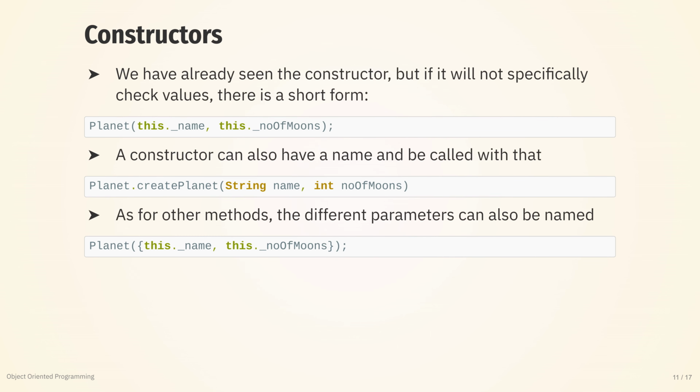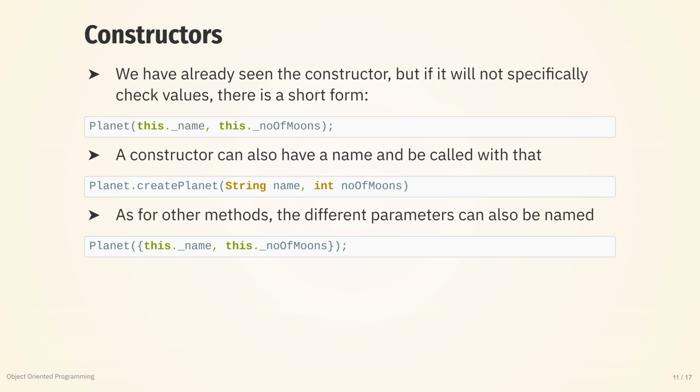We've already mentioned that we have constructors, but there are some specifics we can do with them. So for example, if we don't want to check the values for any reason, we can use the short form where we include this in front of the variables.